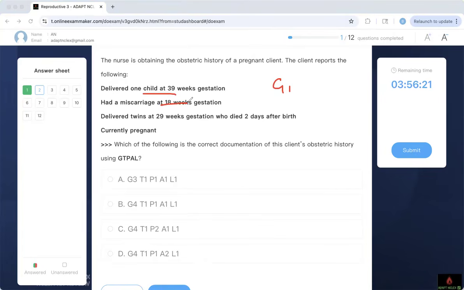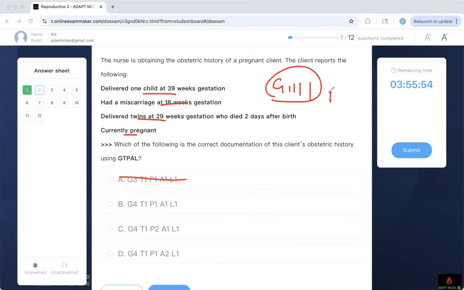I had a miscarriage, it's still a pregnancy. G is the number of pregnancies. Then I had twins. You don't count the number of twins, just one big pregnancy produces the twins. It does not matter if it's 5 twins, 6 twins, it's one pregnancy. And currently I'm pregnant. Therefore, this is G4. This option is eliminated.